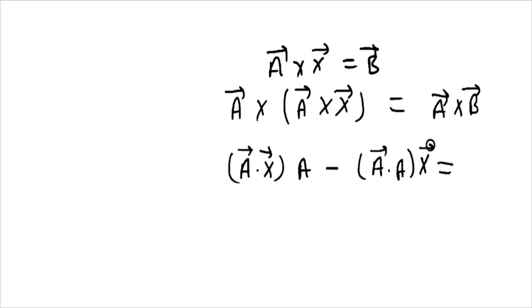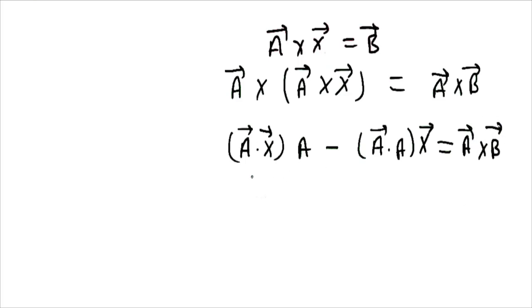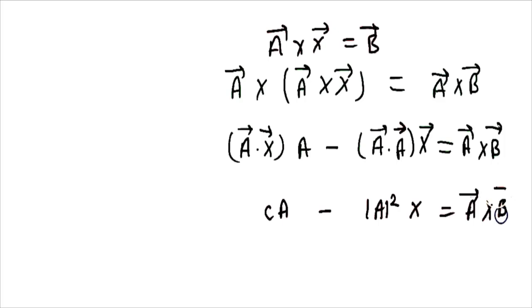It is equal to A vector cross V vector, right? As we know that the value of A vector dot X vector is C, so we can write here C A minus A vector dot A vector, which gives you mod A square X vector, right? It is equal to A vector cross V vector, right?